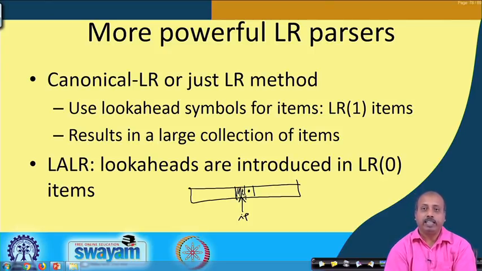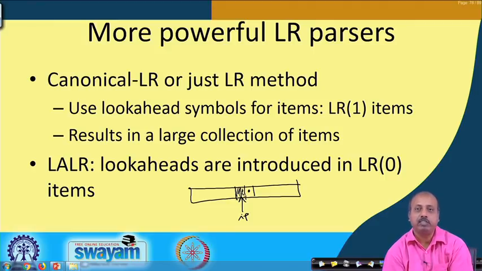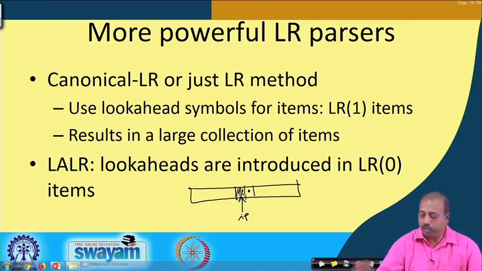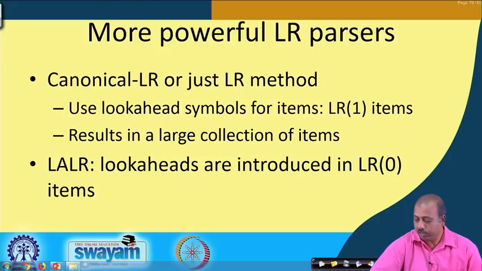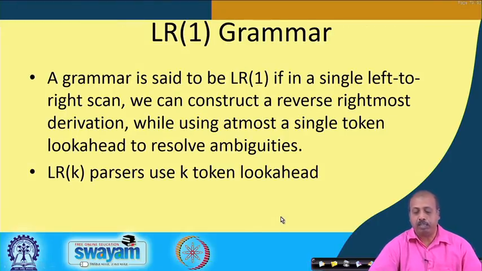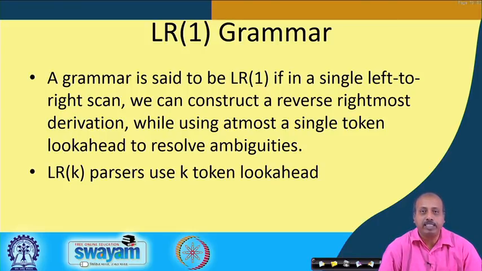We will see that the automated parser generator tools generate LALR parsers, because the number of states in an LALR parser will be the same as the LR0 or SLR parser, but power wise it will be as powerful as the canonical LR or LR1 parser. We will see how they are done. So, let us look into the LR1 grammar. A grammar is said to be LR1 if in a single left to right scan we can construct a reverse rightmost derivation while using at most a single token look ahead to resolve ambiguities.